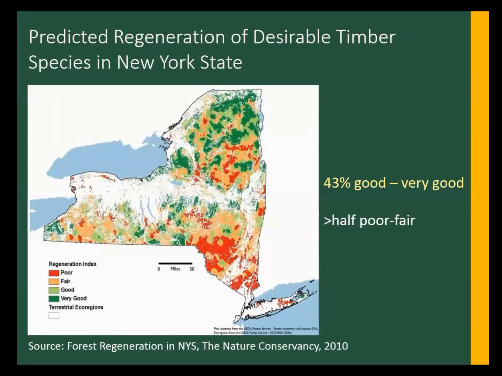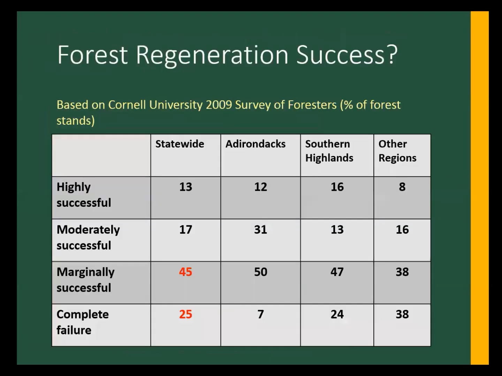This is regeneration of desirable timber species, but I like to say that this really also represents just general tree diversity in New York State. Would we be able to regenerate a diversity of different native tree species? You can see that we're really facing a pretty significant challenge in terms of regenerating our forests in the future.